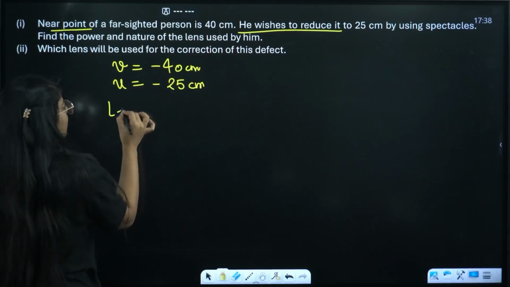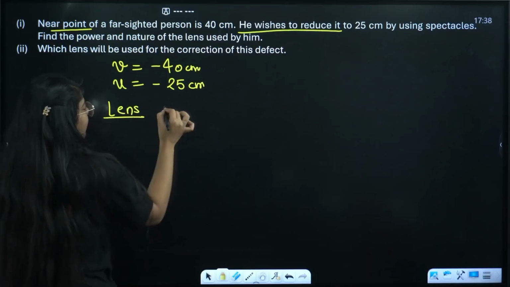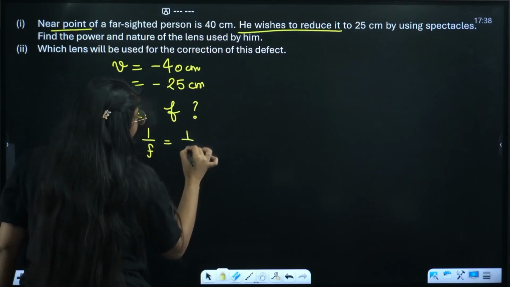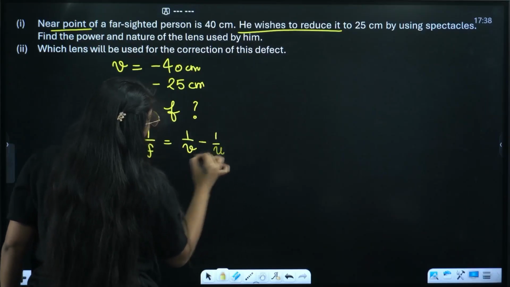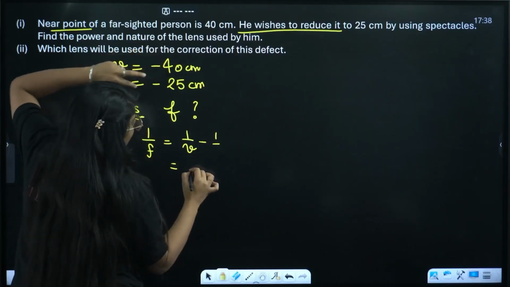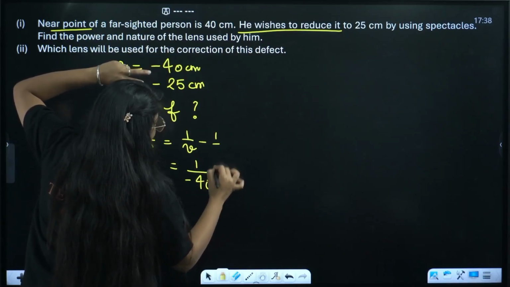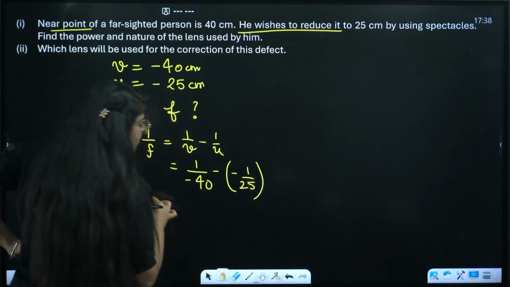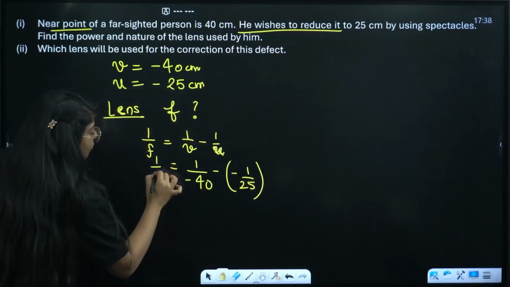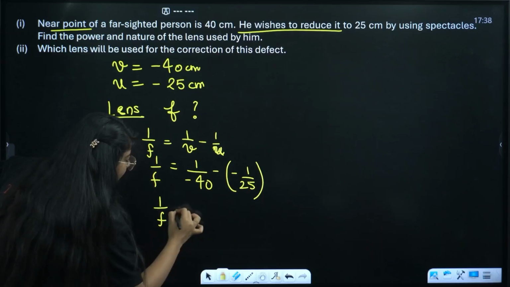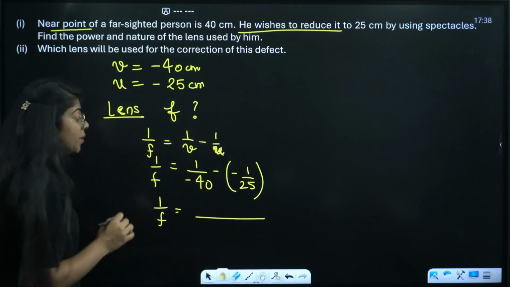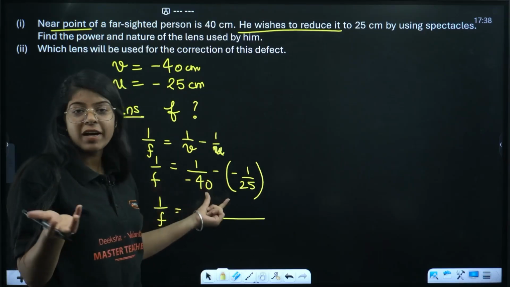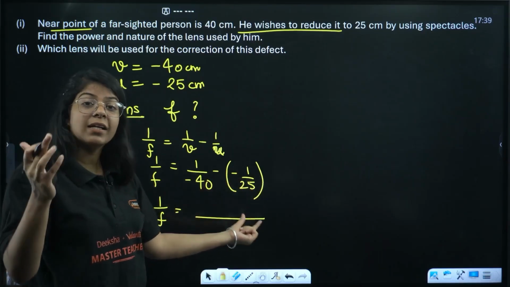So again, ma'am, using lens formula, we can find the focal length, right? So 1 by focal length equals 1 by V minus 1 by U. V is minus 40 centimeter, so minus 1 by 40, and U is minus 25, so plus 1 by 25. Correct? What will be my LCM in this case? Let's take 200, because 40 into 5 is 200 and 25 into 8 is 200 as well.